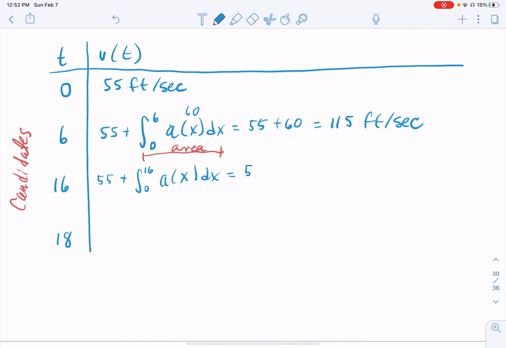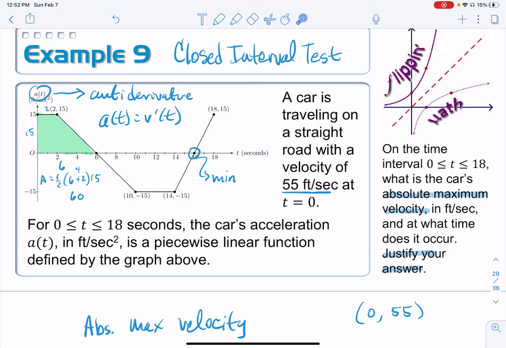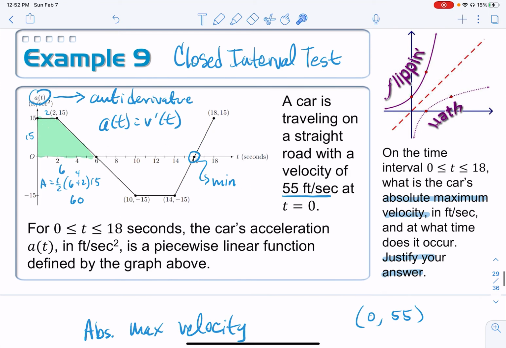All right, I already have 55 plus the 60 that we had before from this one, and then we're going to take away the area from 6 to 16. So now we have yet another trapezoid. Let's make this one red because it's below the x-axis, and red and green are really going to look good together. And voila. All right, let's see what we have here for this one.